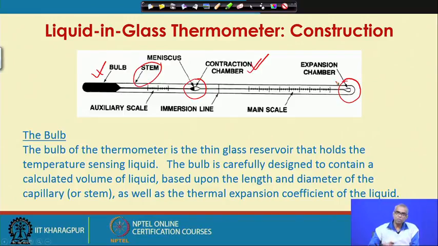Sometimes this expansion chamber is also known as safety bulb. This is the main scale, which may be in degree Celsius or degree Fahrenheit, and sometimes an auxiliary scale is attached here, which is always below the main scale.